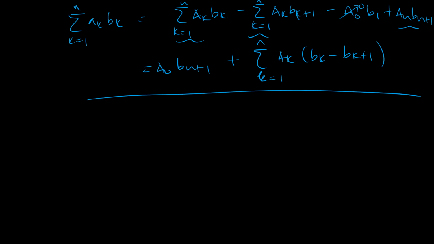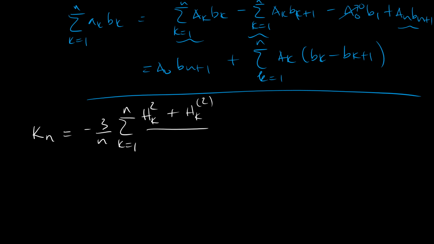Okay. However, our main interest here is to solve for K_n, which is negative 3 over n, the summation from k equals 1 to n of H_k squared plus that is our interest.